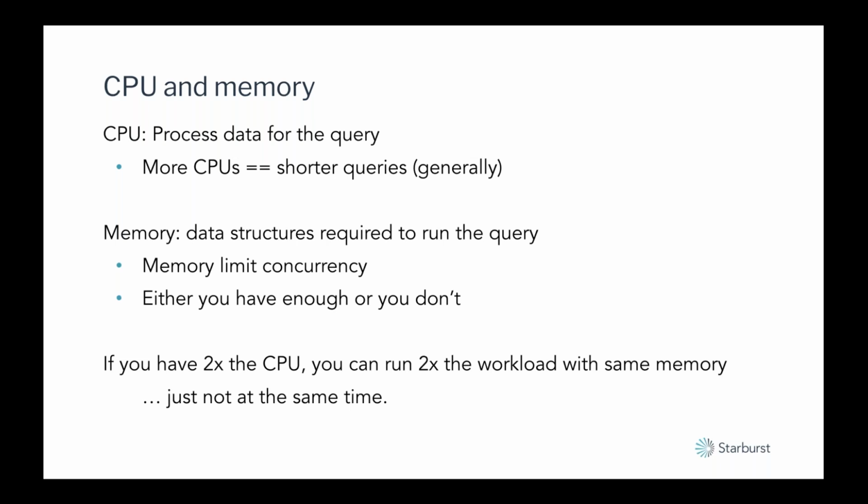You would run a full copy of the workload and it would generally complete in half the time. And then you'd run another copy and it would complete in half the time, but you couldn't run them all at the same time. So you can't double the concurrency without doubling the memory. If that makes sense to everyone.